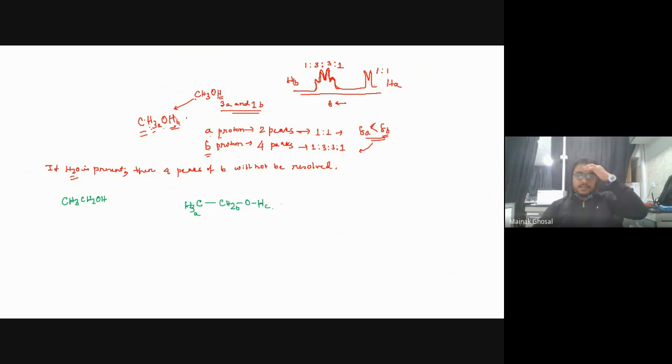Okay. So here you can see how many splittings will be here for hydrogen. You can see its nearby neighbor will have two hydrogens. So 2 plus 1, there will be 3 peaks. What should be the ratio of these peaks? 1:2:1. Because you can know from Pascal's triangle, the ratio will be divided into this category.